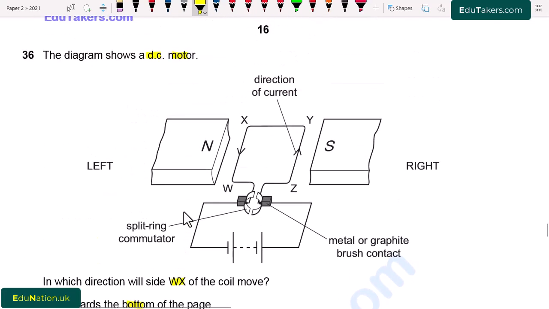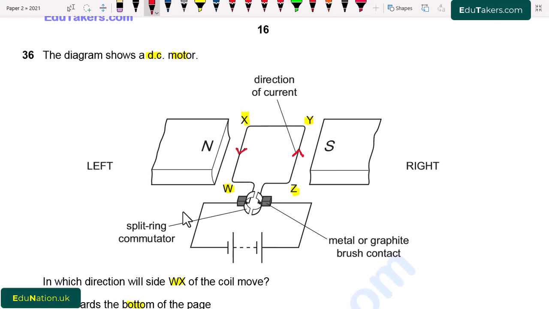So first of all, here we can see that there is a DC motor and there is a coil with sides XW and ZY. The current flowing in side XW is in the downward direction, while in YZ it is in the upward direction.